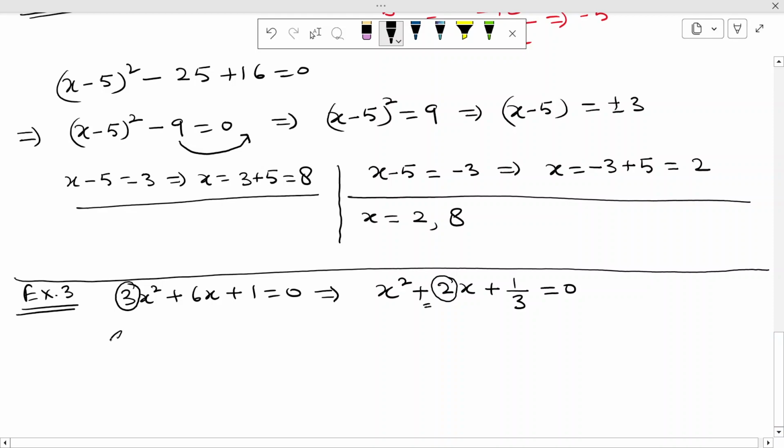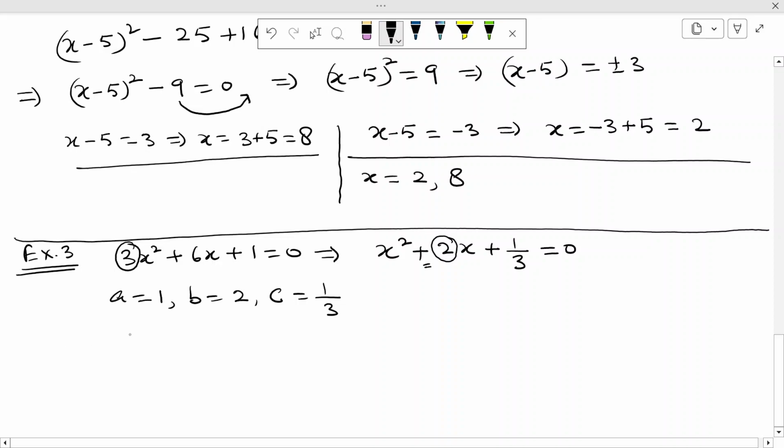So we have to write that a is equal to 1, b is equal to 2, and c is equal to 1 by 3. Now we will find out the value of b over 2a, which is 2 over 2, and this is coming out as 1.